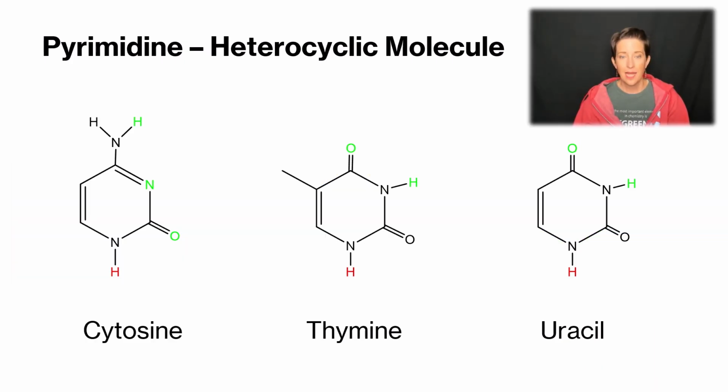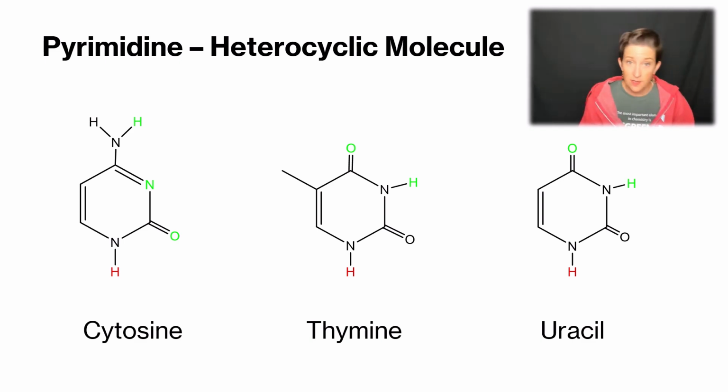The other category for our nitrogenous bases are the pyrimidines. The pyrimidine name is longer, so I remember it as a smaller molecule, just like we did the opposite with our purines. So long name, small molecule. That's one way I remember it.